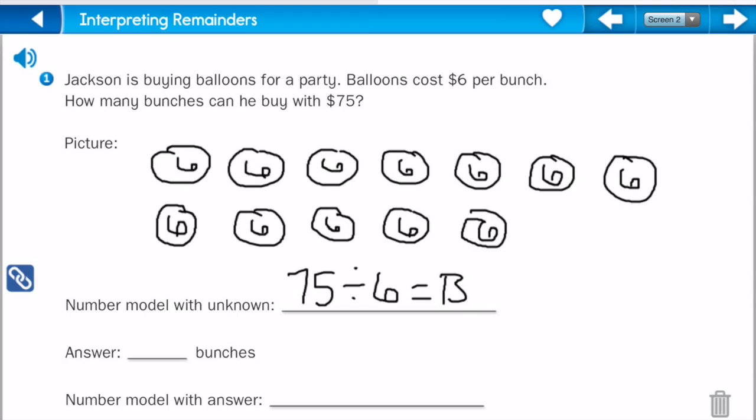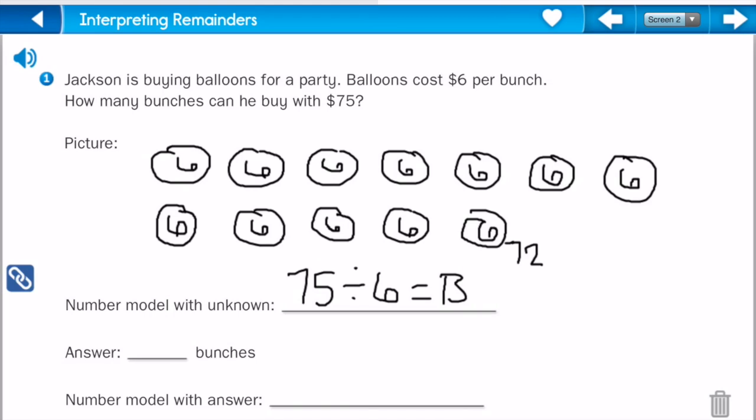So, I have to stop here because he wants to know how many bunches he can buy with $75. This cost me $72 right now. If I added 6 more, that would be 78, and that would not be enough. So, I'm going to count these. 1, 2, 3, 4, 5, 6, 7, 8, 9, 10, 11, 12.